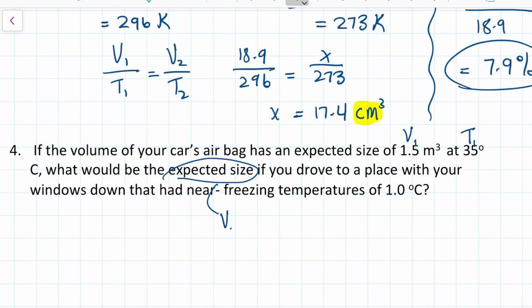So V2 is going to be my X. If you drove to a place with your windows down that had near freezing temperatures of 1 degree Celsius. Okay, this is a whose law problem? It's V's and T's. It's going to be a Charles' law problem.